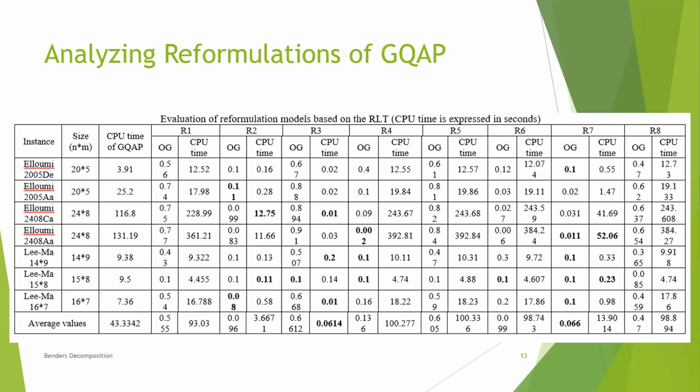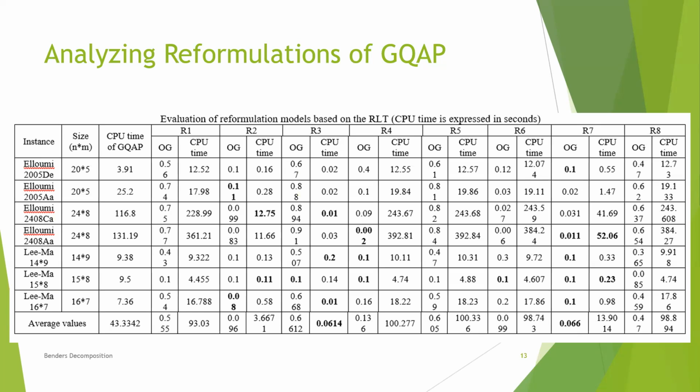Some results based on some benchmarks for GQAP are provided here, and based on these results, we can see that the first issue is that the linear models can provide a fast solution compared to the original GQAP, because they are linear.